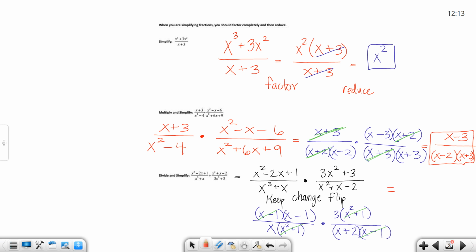So my final answer for this one would be a 3 and an x minus 1 in the top. That's what's left behind. And an x and an x plus 2 in the bottom. Now that's a great answer. You could simplify it further by distributing, or you can leave it in its factored form. Either one is fine.